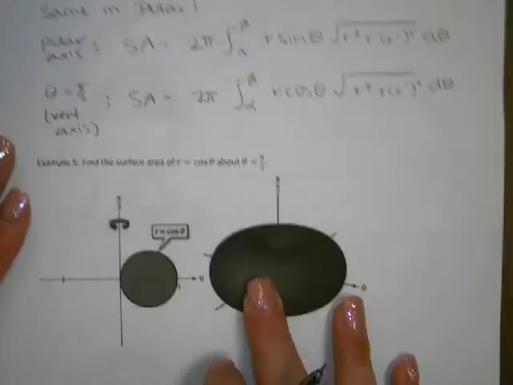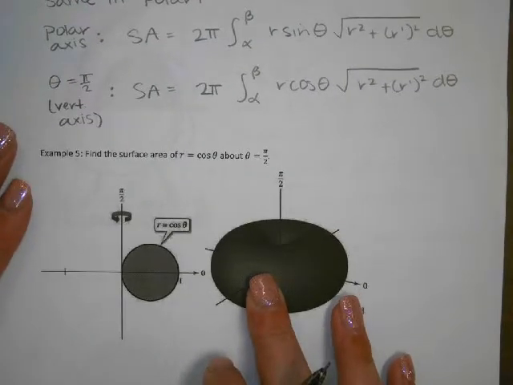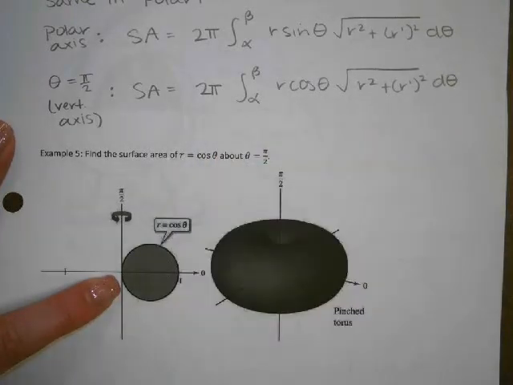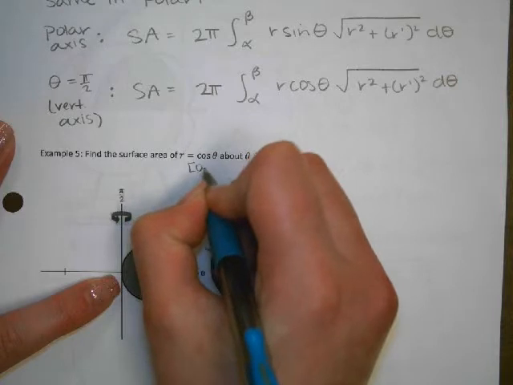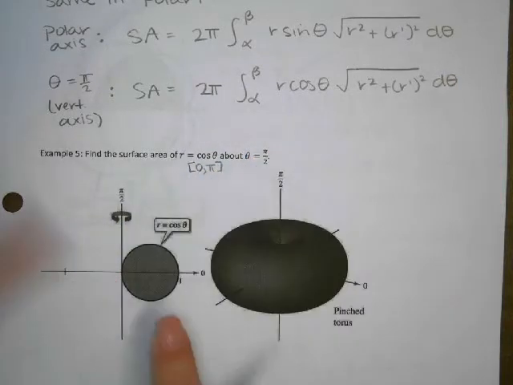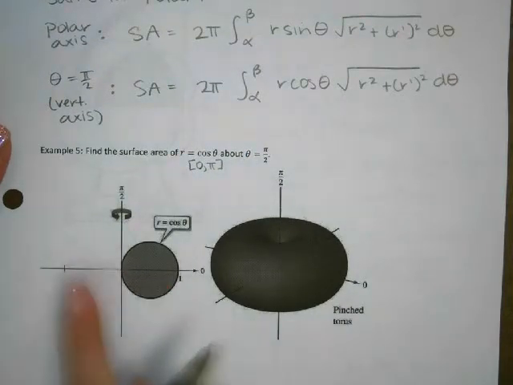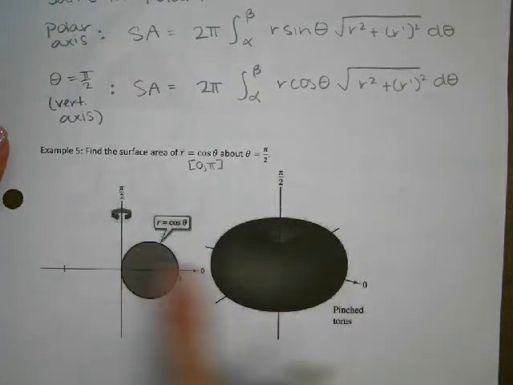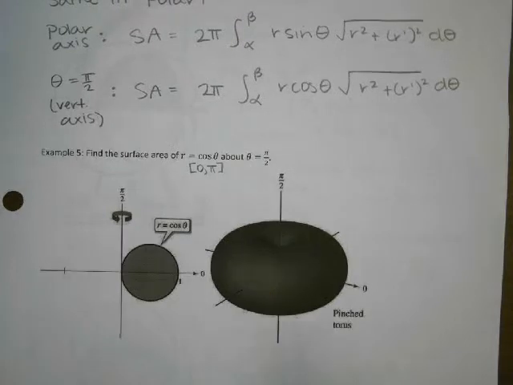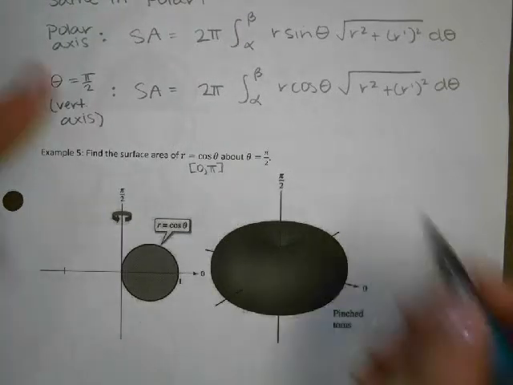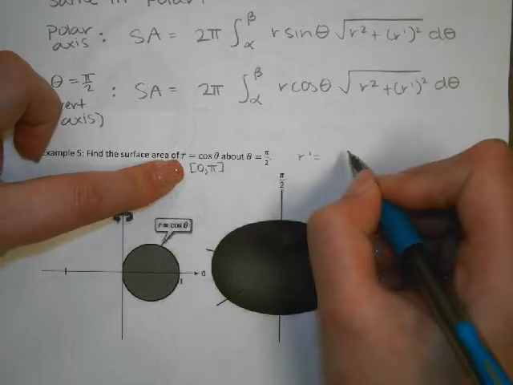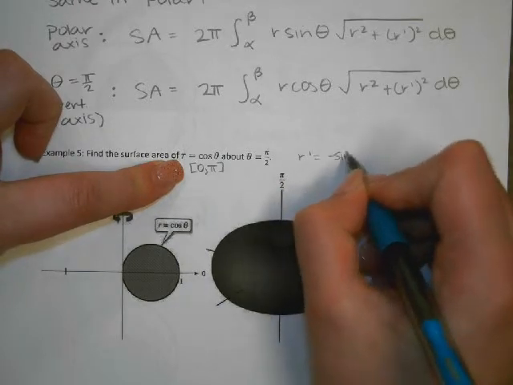If we look at this next example, we have a circle, and we know that the interval for a circle is from 0 to pi. I like this one because when you rotate it around the line theta equals pi halves, or that vertical axis, it makes a donut, which I really like. We also need to know what r prime is, and r prime would be negative sine theta.